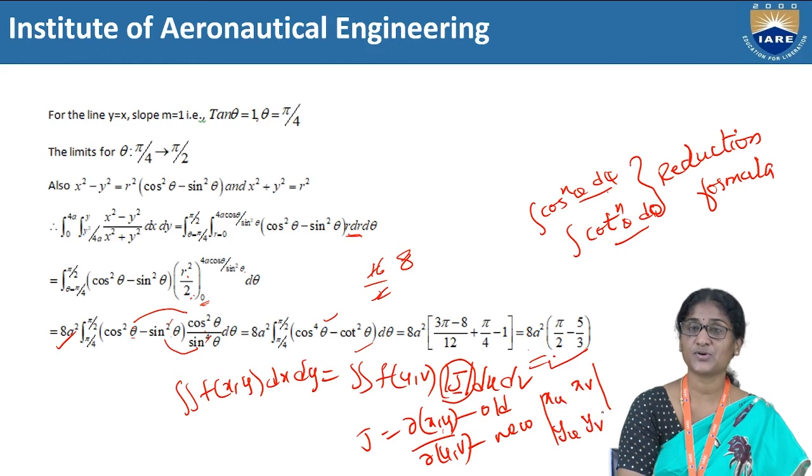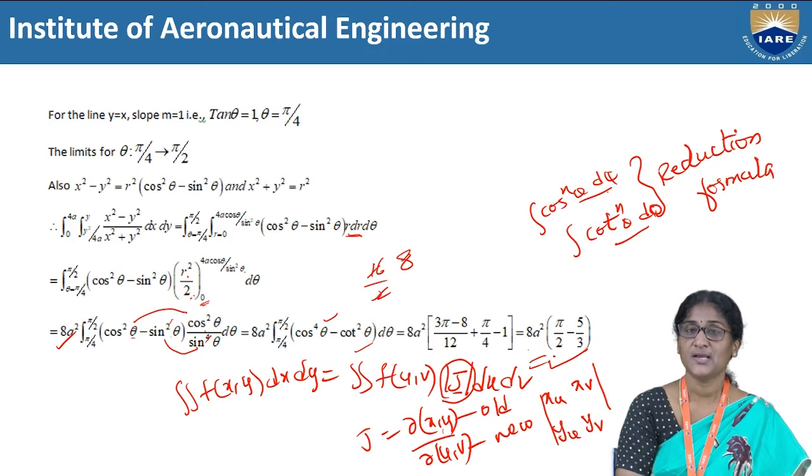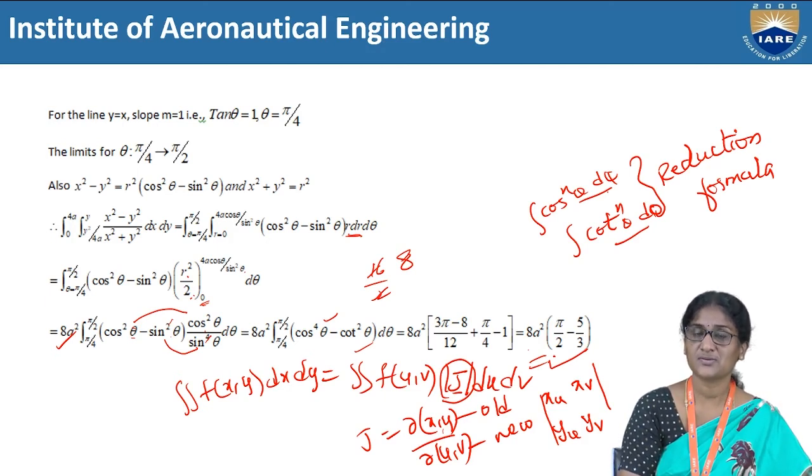And this is nothing but the Jacobian value. Very simple. If you know the Jacobian value, then the problem becomes very easy. And guessing the limits is also another part of the question, because the function will be very simple to find out, but guessing the limits is not so easy.